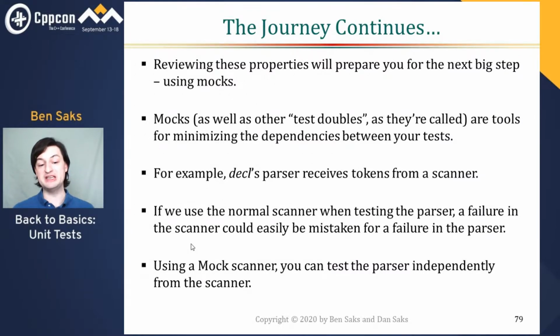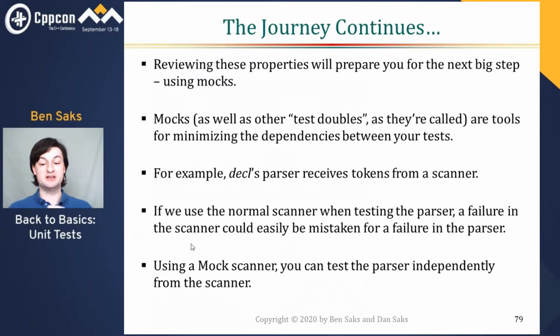I mentioned the idea that we could have a separate test suite for the parser as well as the scanner. Right now, the parser uses the normal scanner, the same scanner that we've been testing up to this point, to do its work.